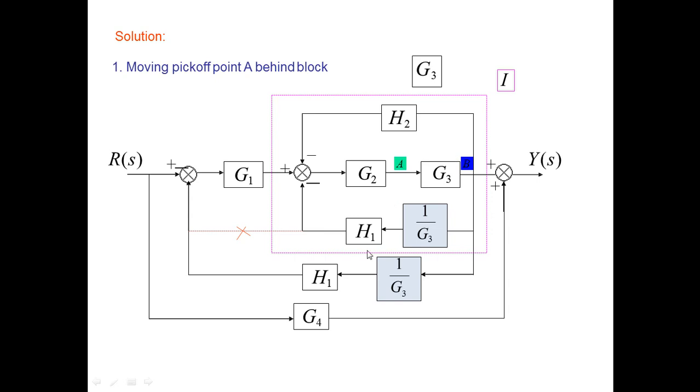So you did the same, you moved this point A to point B and now you are just going to cascade them and take the closed loop transfer function feedback equation. When you move this point A to point B, you will actually have to take this G3 from this H1, and this H1 will be something like this.